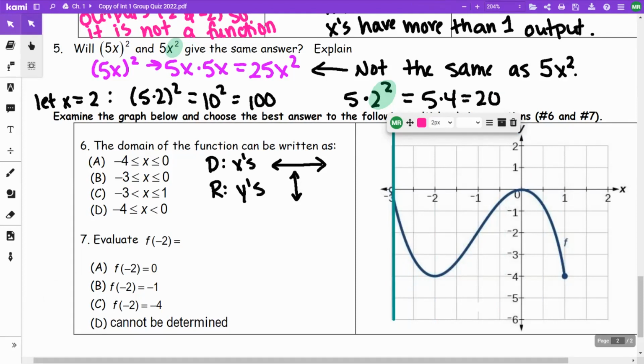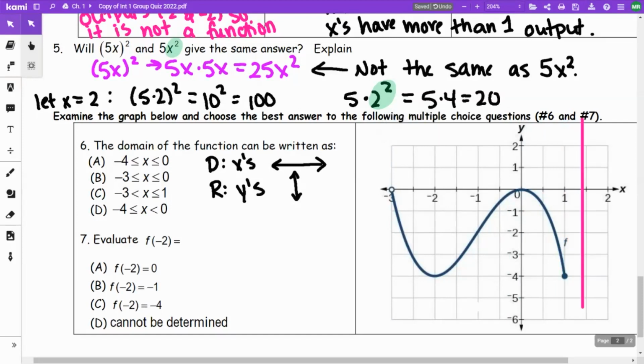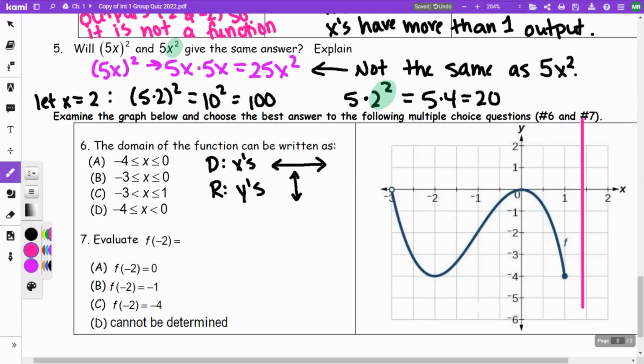So that means -3 is not included. And the furthest to the right it is a 1. And there's a solid circle, so that is included. So I'm going to write it in 2 ways, and then I'm going to pick the answer. In interval form, I would go open bracket -3 because of the open circle here, comma 1.